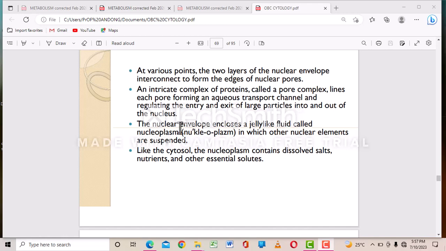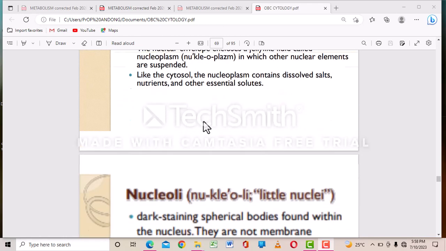Now, the nuclear envelope contains nuclear pores that allow the connection between the nucleoplasm and the cytoplasm. This is very important for the transfer of messenger RNA from the nucleoplasm to the cytoplasm.